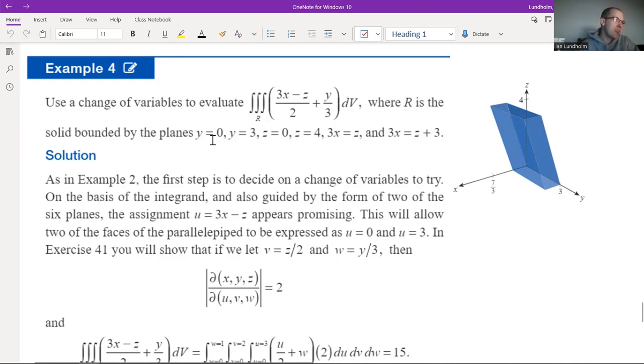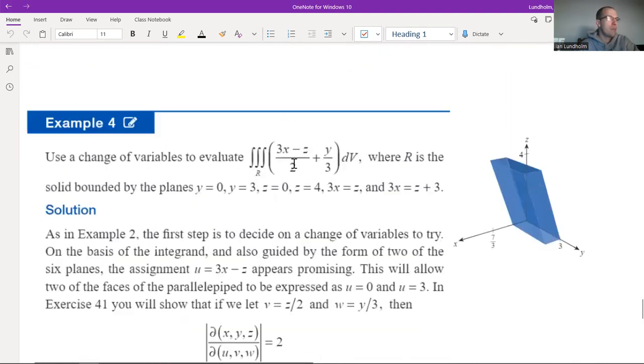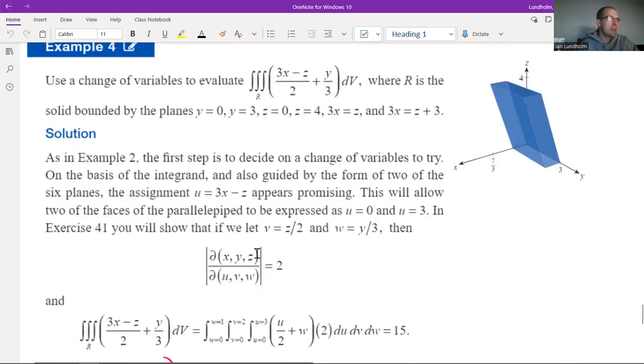And the other ones actually look pretty nice compared to that, we've got constant functions here for these two planes. We've got constant functions here for those two planes. And so, yeah, we can go down here and look at the details.